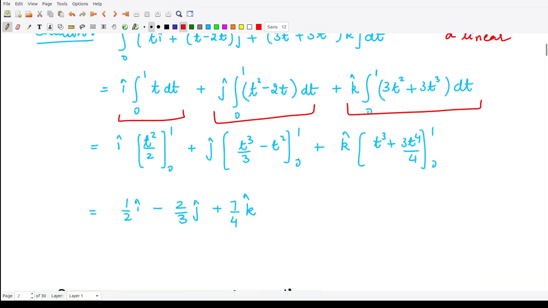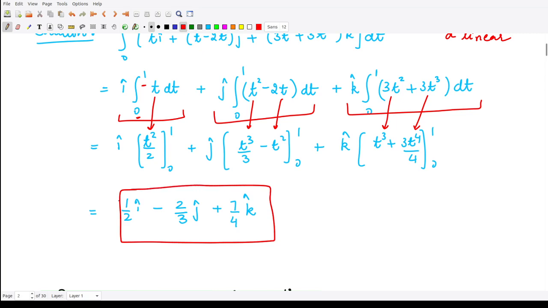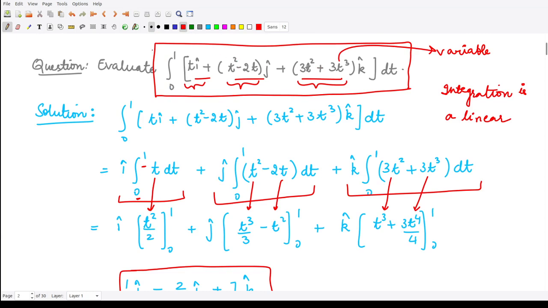The integration of t becomes t square by 2, and the limits vary from 0 to 1. In this case, the integration of t square is t cube by 3, the integration of 2t is t square, the integration of 3t square is t cube, and the integration of 3t cube is 3t to the power 4 by 4, and in all the cases you have limits varying from 0 to 1. When you substitute the limits, you obtain this as the final vector. So this is the vector which is obtained after performing the integration of this particular function.